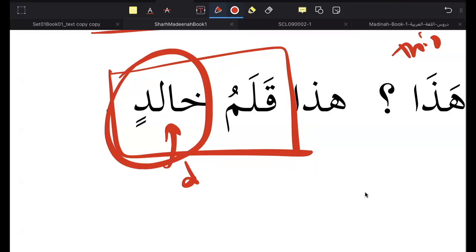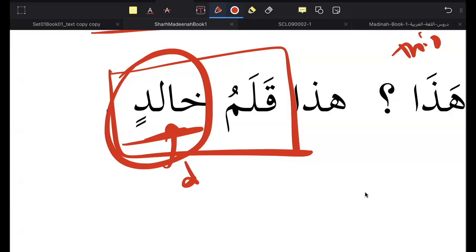So be careful of this. Majority of the time, the second word will be a definite. Why? Think about from English perspective. If you say a pen of a boy, it's very abstract, very vague. It doesn't give us much information. A boy, a pen, we don't know anything about anything. So it's too indefinite.